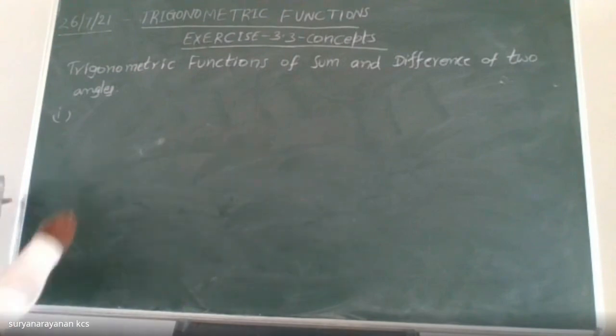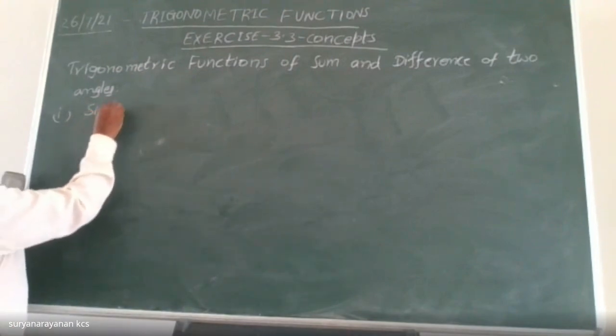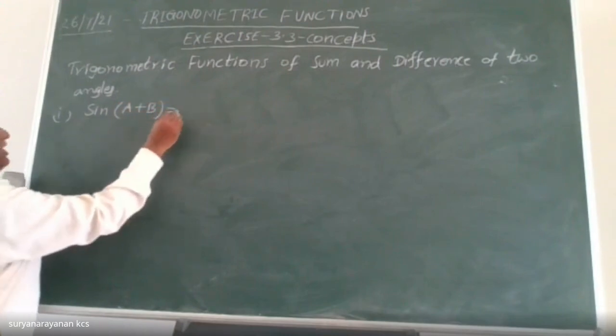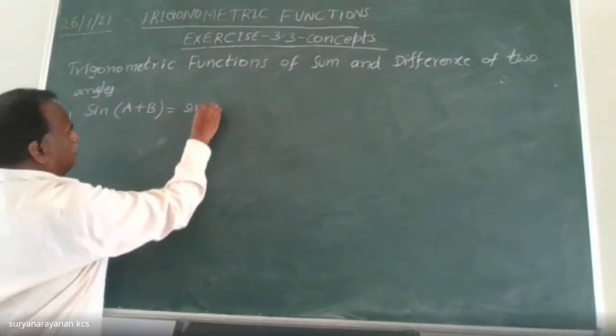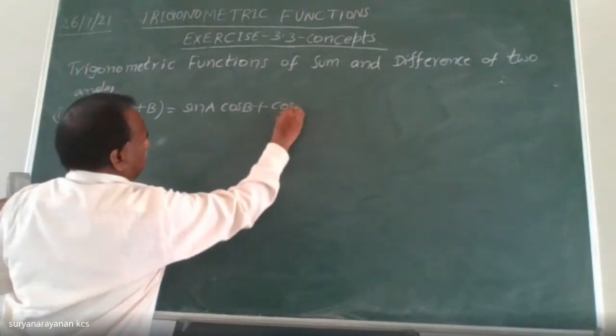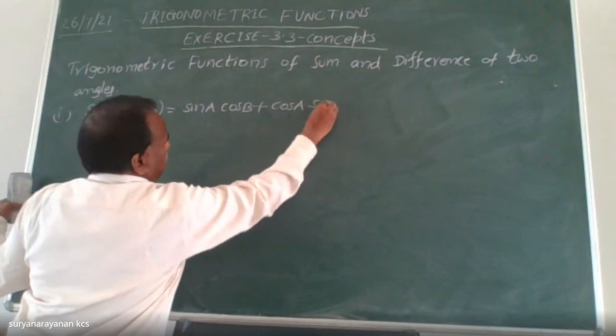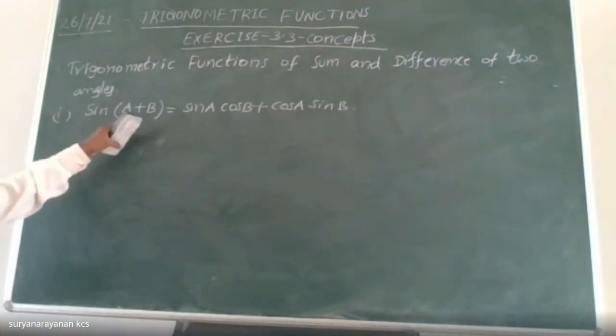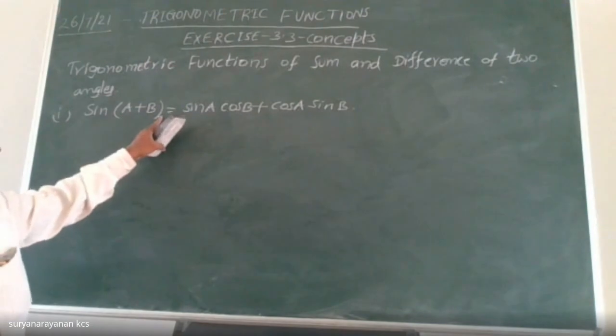Okay, my children, sin of a plus b is sin a cos b plus cos a sin b. A is one angle and b is another angle.